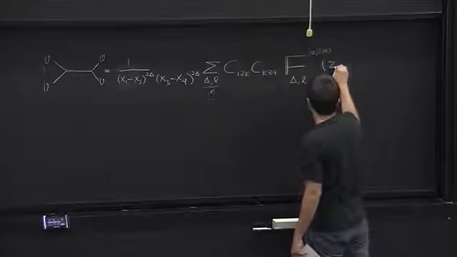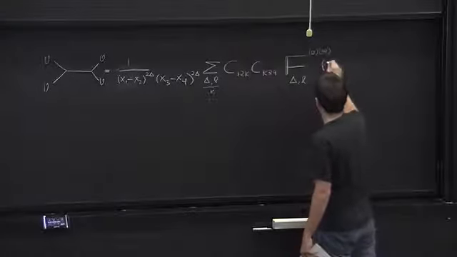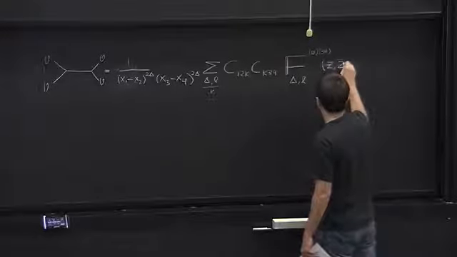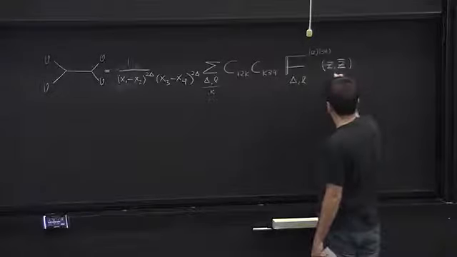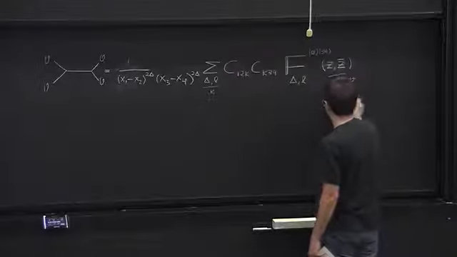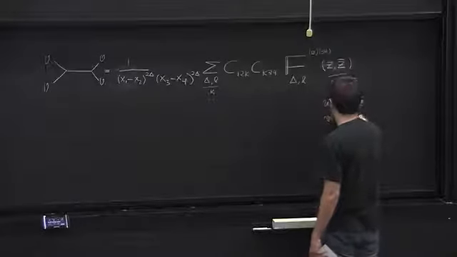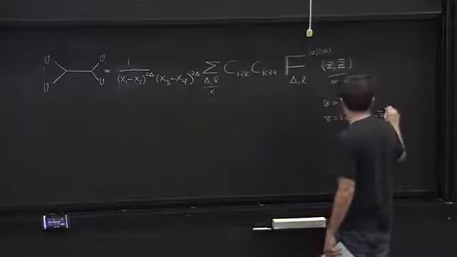That is a function of cross ratios u and v, or alternatively z and z bar. Remember that this is equivalent to u and v. I remind you that the definition was that u was just z z bar, and v was 1 minus z, 1 minus z bar.